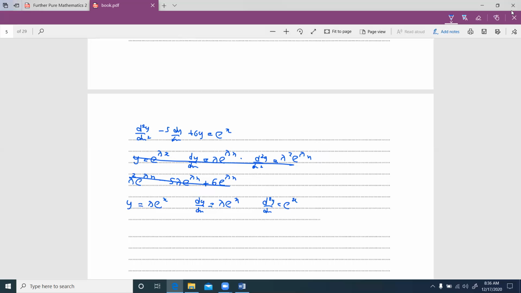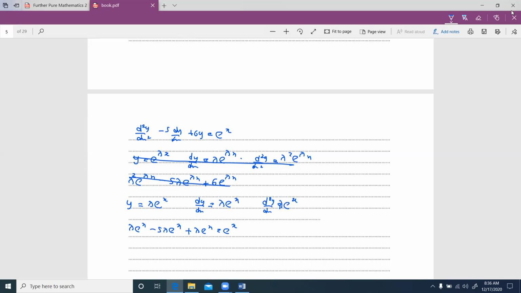Differentiation of e to the power x is e to the power x itself. Then you can say lambda e to the power x minus 5 lambda e to the power x plus 6 lambda e to the power x is equal to e to the power x.